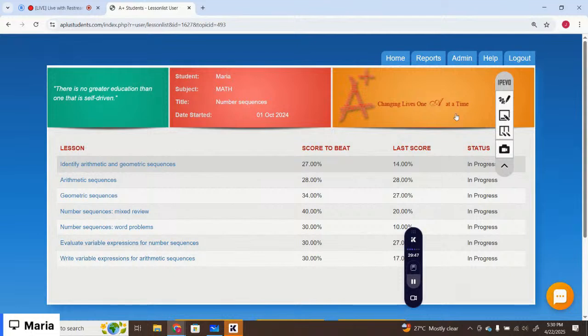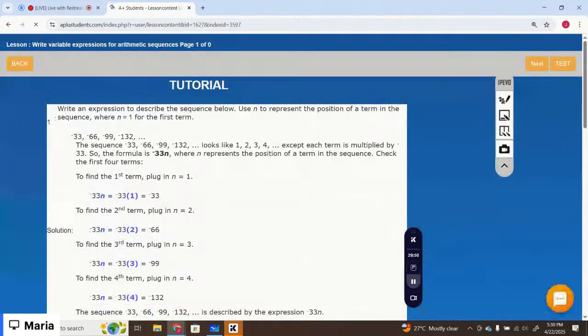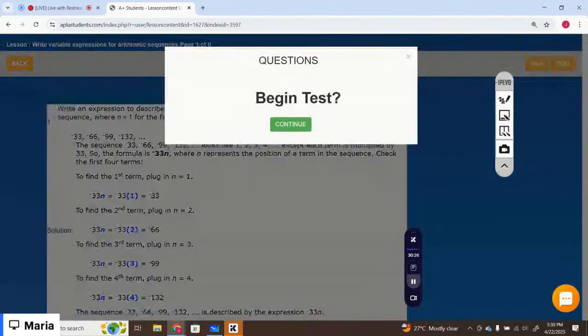Write variable expressions for arithmetic sequences. Let's just start with the test questions.